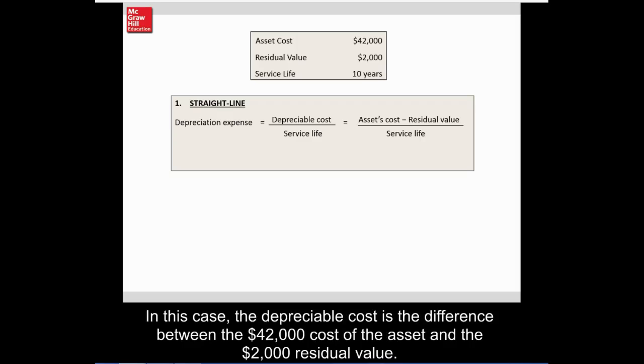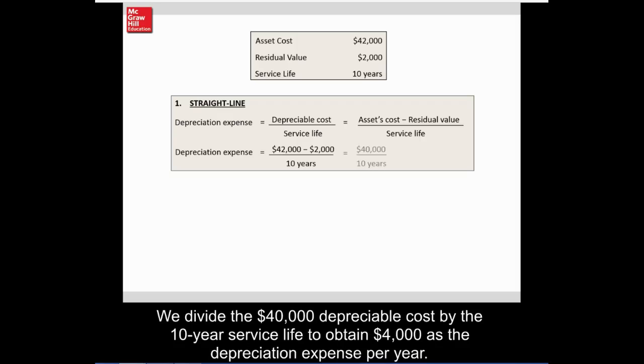In this case, the depreciable cost is the difference between the $42,000 cost of the asset and the $2,000 residual value. We divide the $40,000 depreciable cost by the 10-year service life to obtain $4,000 as the depreciation expense per year.